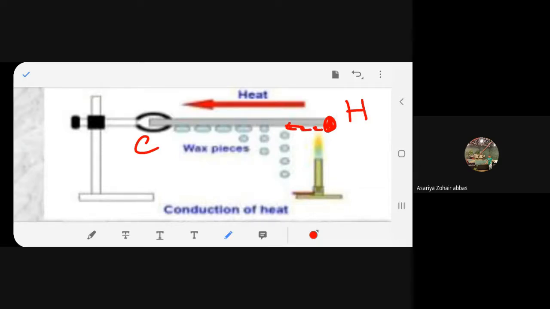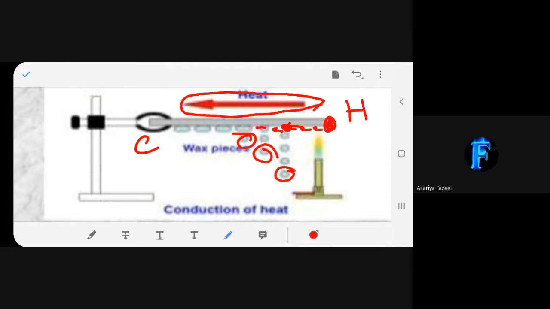So first this wax piece will come in contact with the heat. It will melt and it will fall down. Right, beta? After it falls down, it again proceeds. The second one will fall down. Again it proceeds. The third will fall down. So what is happening? It is the movement of the heat from the hot end to the colder end, as shown by this activity. Is it clear to all of you? Yes.